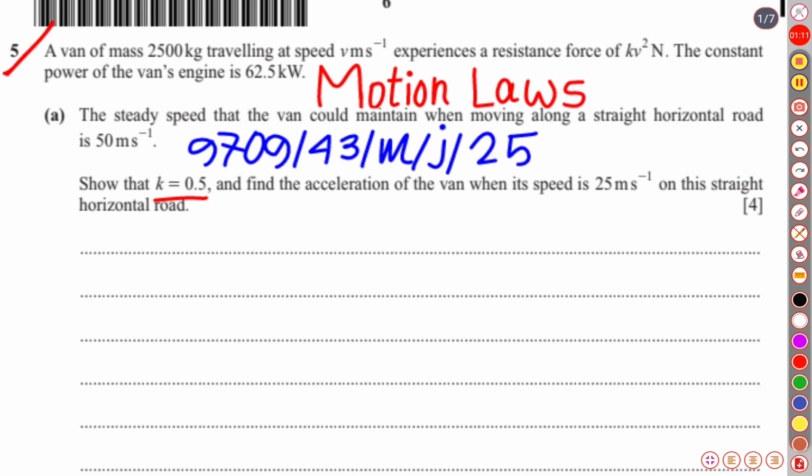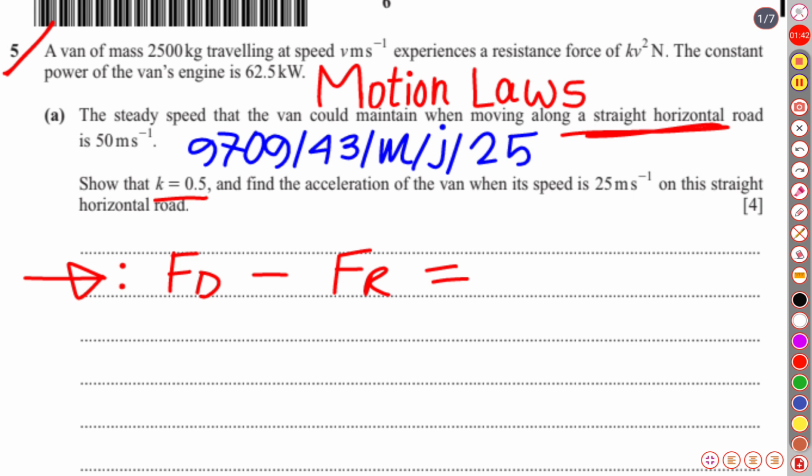So all of us know what the Newtonian motion laws are. Look at this, the van is traveling along a straight horizontal road, so the direction is just horizontal. The motion law says driving force minus resistance to motion must be equal to the product of mass and acceleration.